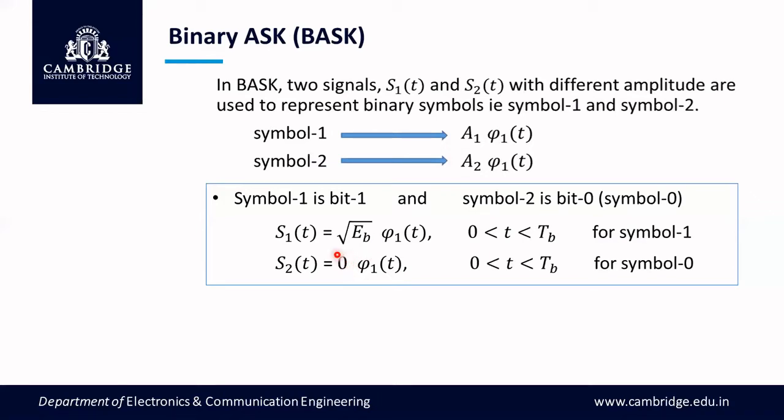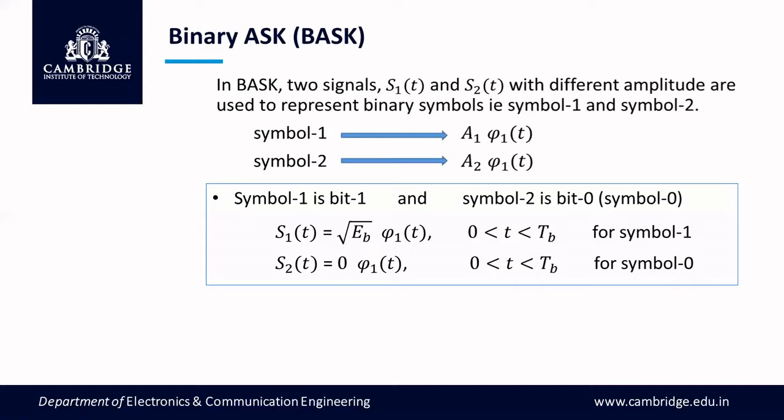But in practical implementation, for convenience, we use some values. The amplitude of the first signal is taken as root Eb and the second signal is 0. 0 is also one of the amplitudes. Eb is the bit energy of the signal in 1 bit duration or 1 symbol duration.